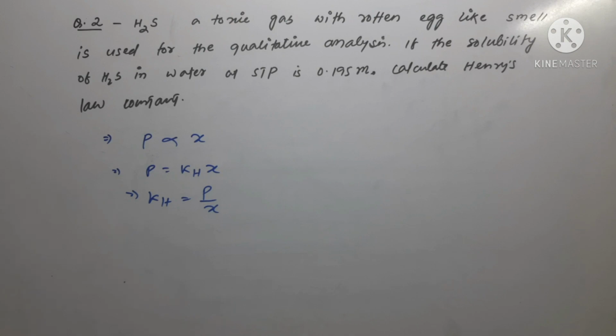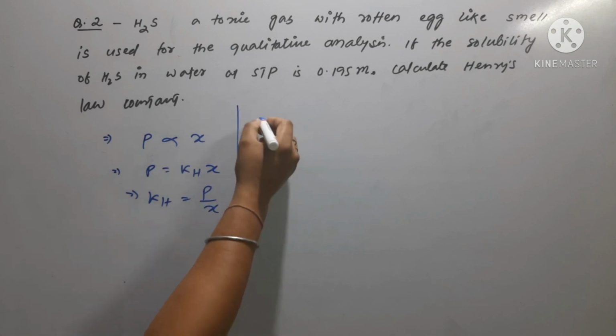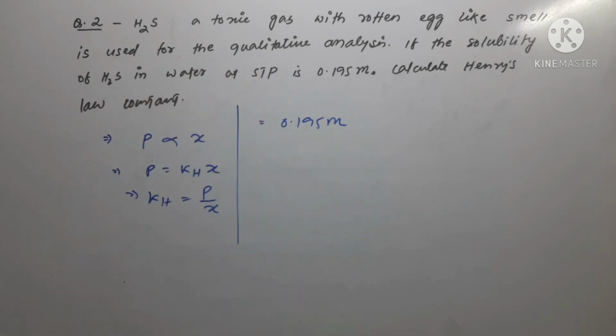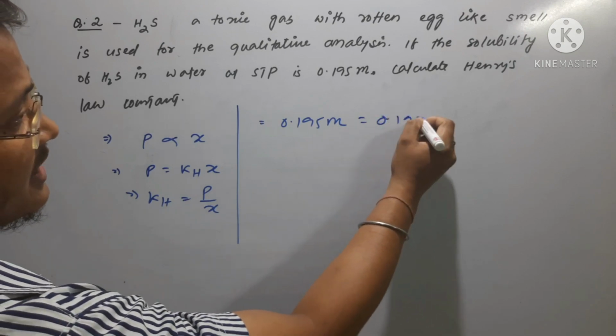Now, solubility is given to us at STP. The solubility of H2S is given as 0.195 m, that is, 0.195 mole.